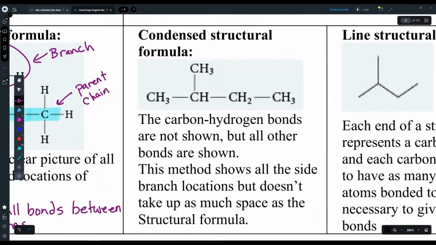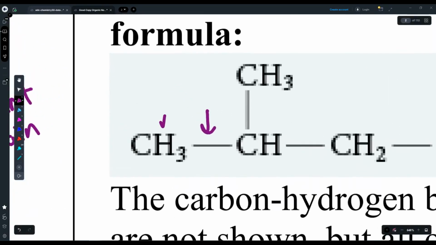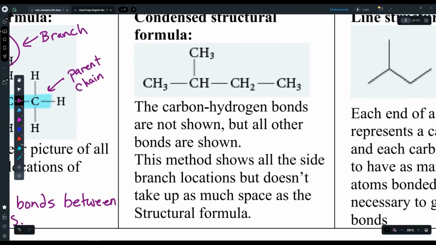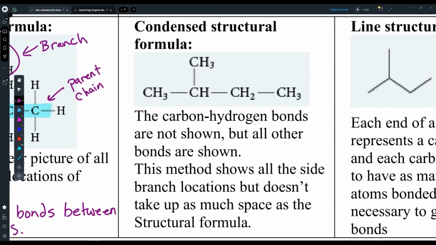All right. Now with condensed structural formula, we're seeing the carbon to carbon bond. So this bond, even though it looks like it's between this hydrogen and this carbon, it's actually between this carbon and this carbon. Okay, so with condensed structural formula, all you are seeing are the carbon to carbon bonds, but none of the carbon to hydrogen bonds are going to be shown.